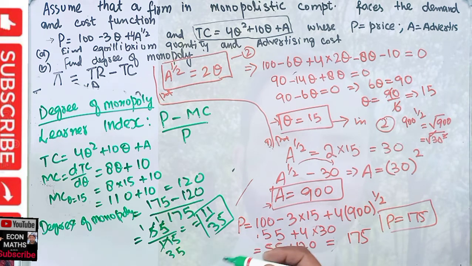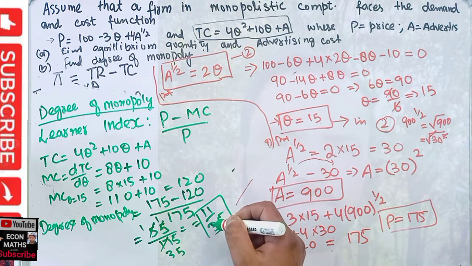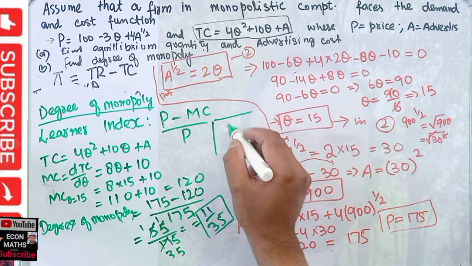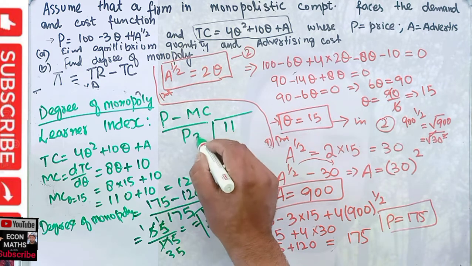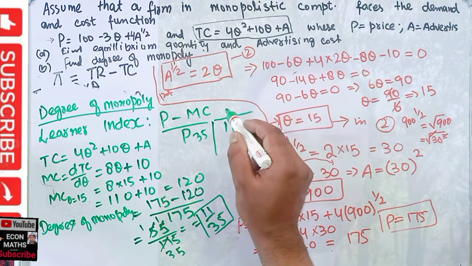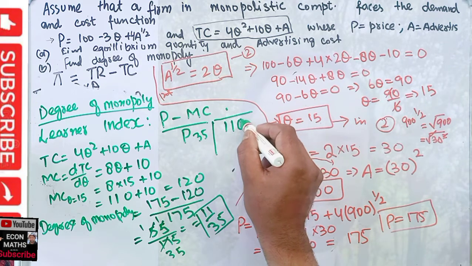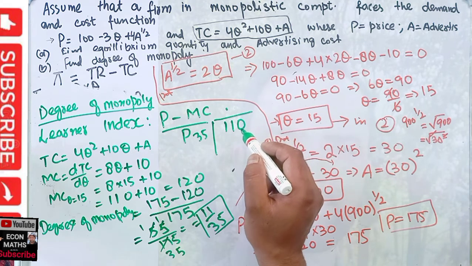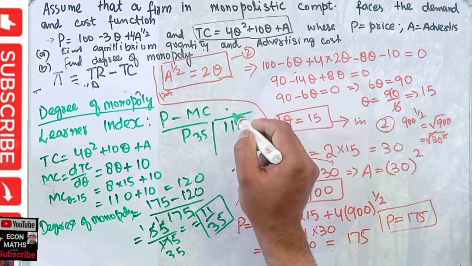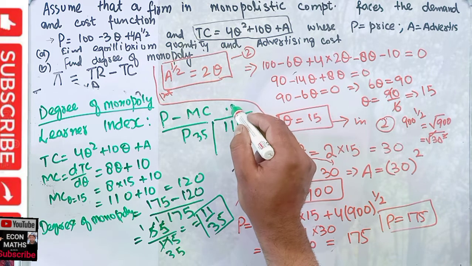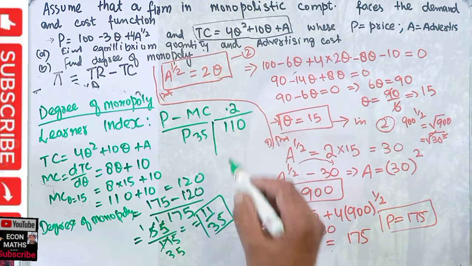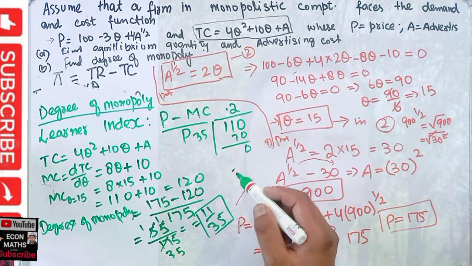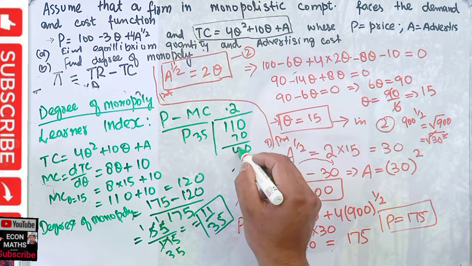I am not good enough at the calculation, so 11 divided by 35, I will try to calculate here. We have 11 and 35 here, let there be a point here, it will be 0. Now 35 into 2 is 70, 35 into 3 would be more than 110. Here 11 minus 7 is equal to 4.